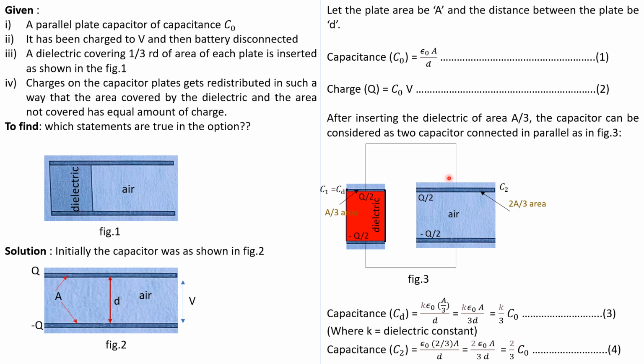Similarly, this section without the dielectric we have given the name C subscript 2. Its area is 2A by 3.